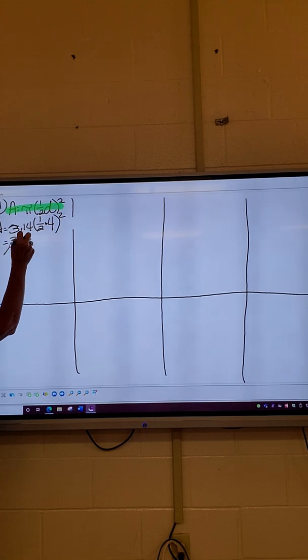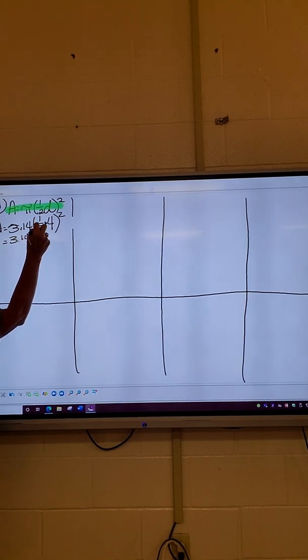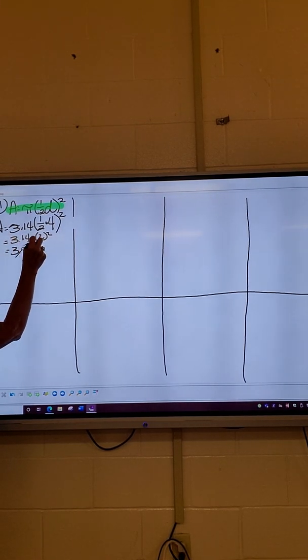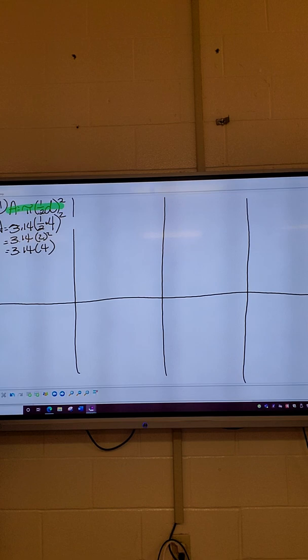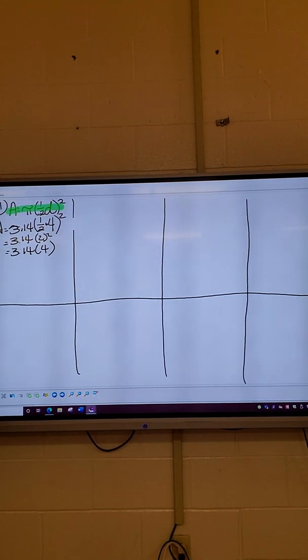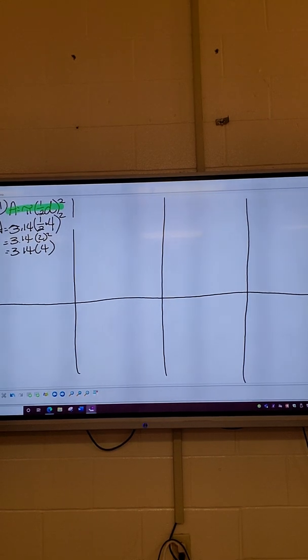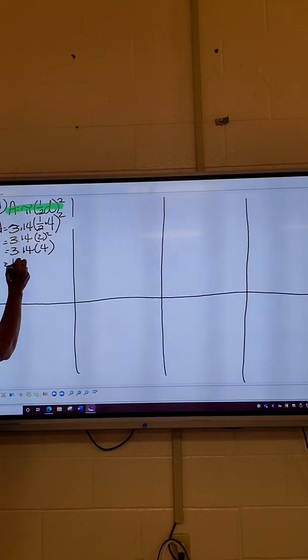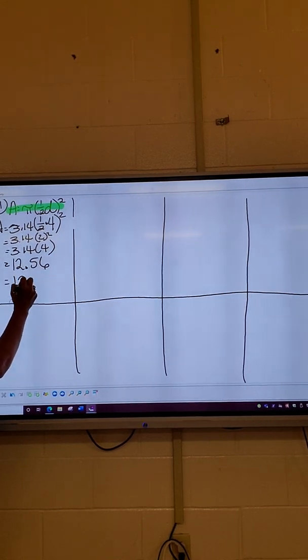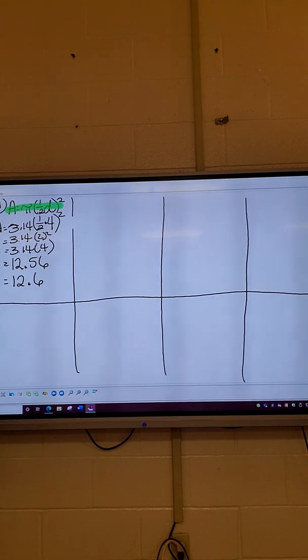So 3.14 times 2 squared is 3.14 times 4, which is 12.56, which will round to 12.6.